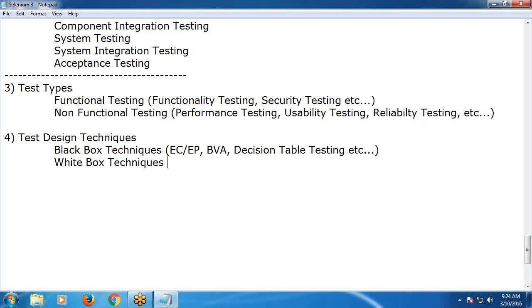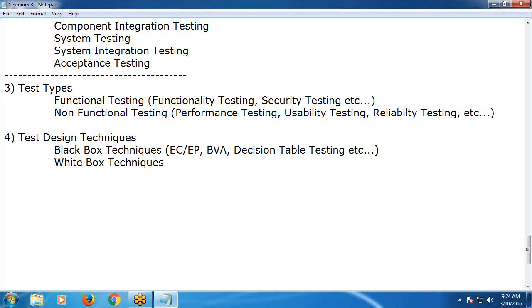Tell me, Aarti, what is exhaustive testing? Sorry, sir, I cannot recollect. Madhumati, what is exhaustive testing? Testing with all possible inputs and preconditions.